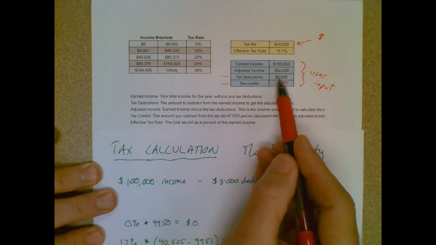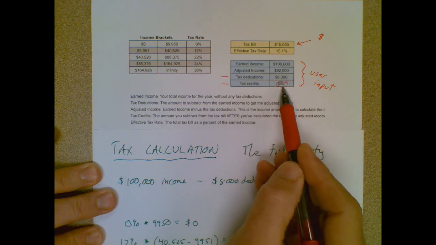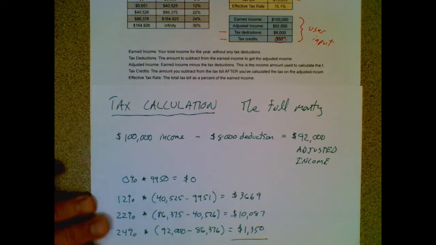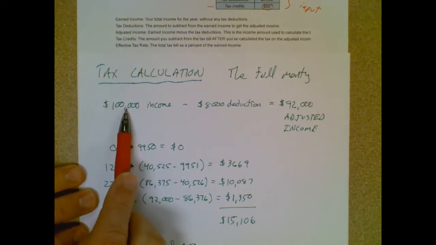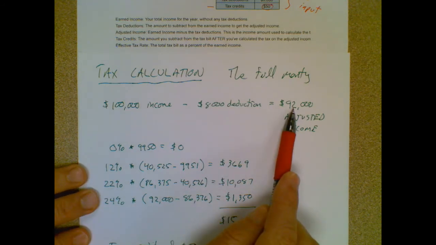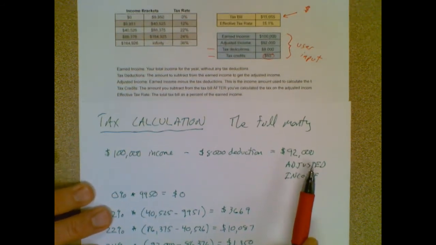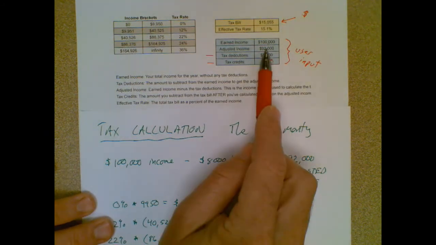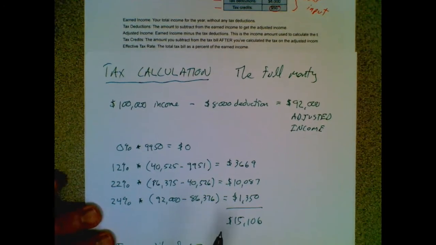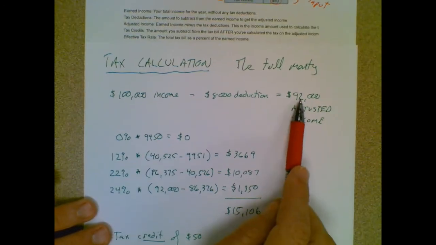So there's a big difference here. This is money off of your income. Then you go ahead and compute your taxes. This is money off of your tax bill. So when I go through this scenario, my $100,000 income minus my $8,000 deduction says I should work on a $92,000 income. The $92,000, the adjusted income, is what I'm going to use in these brackets. Now it's going to be the same thing as before.